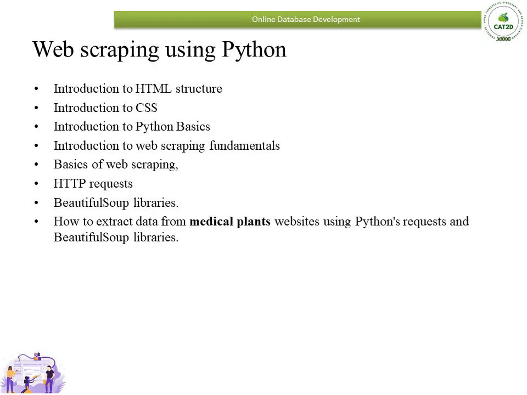What is web scraping using Python? And what are the components of web scraping using Python? And why do we even need web scraping? By definition, web scraping, also referred to as web harvesting or data extraction, is the automated process of extracting valuable information from websites.